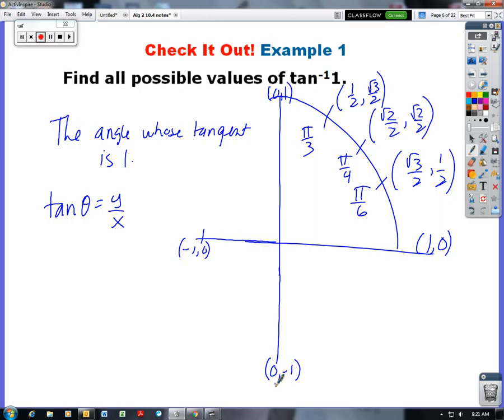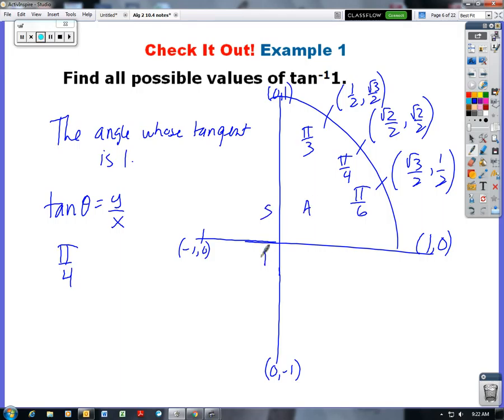Okay, in order to get y divided by x to equal 1, if you look at these points, the only way you're going to get that is right here. Because if you did this y divided by this x, you'd get 1. So that means that the angle we need is pi over 4. So the answer is pi over 4. But remember, we have to include all possible values of tan. So what other quadrant is tan positive in?